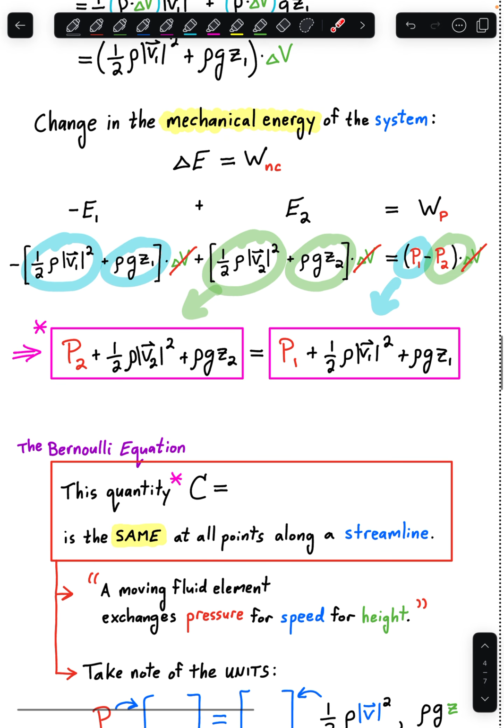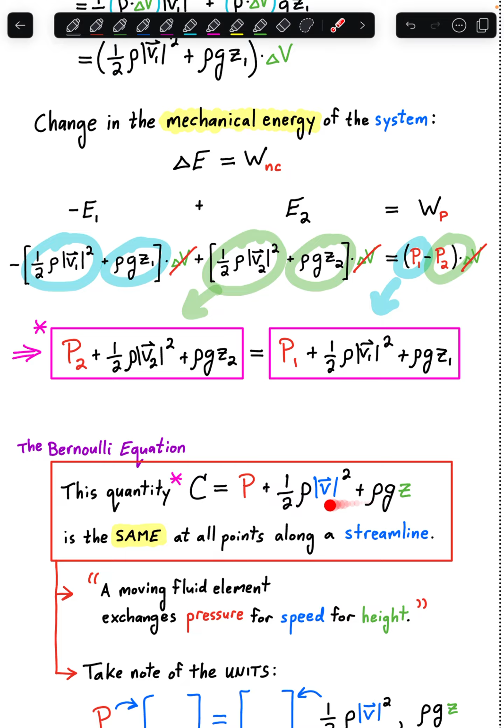In other words, this quantity, the sum of the pressure at some location plus the kinetic energy density at that same location, which is based on the speed of the fluid at that location, plus the gravitational potential energy density at that location, which is based on the vertical position of the center of mass of the fluid at that location.